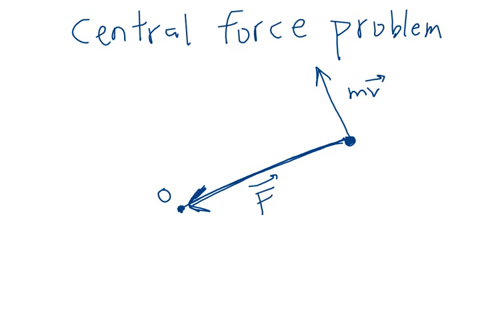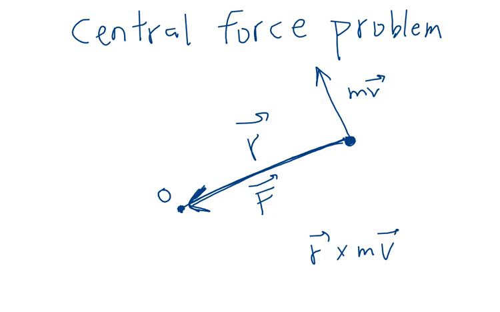If I take a ball on a string and I swing that ball around, then what is the central force? It's the tension in that string, right? And what does angular momentum now represent? If I do R cross mv, right, there's R, the position vector.